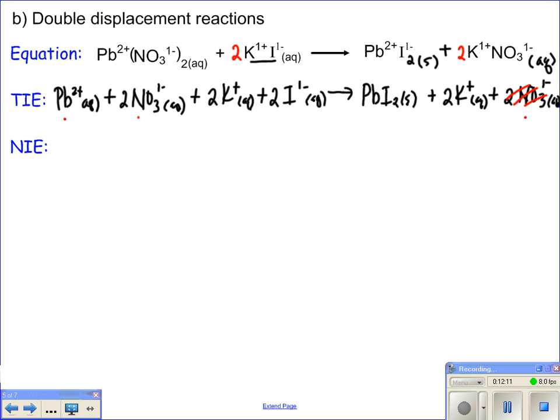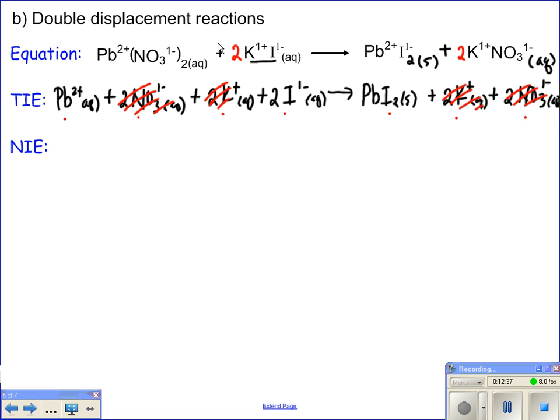So there's one of the spectator ions that do not change in any way, shape, or form from left side to right side. And here, if I look, I've got 2 potassiums. On the right, I have 2 potassium ions as well. So because they're in equal quantity and have not changed charge, we take them out. And upon further inspection, we see that the iodides have changed, and so we're going to leave them there. Okay, so the red crossed out ones are spectator ions.